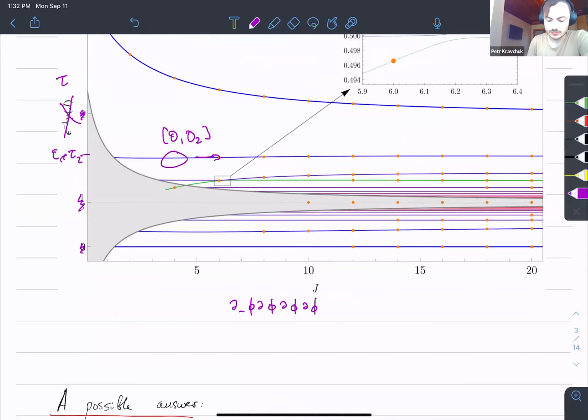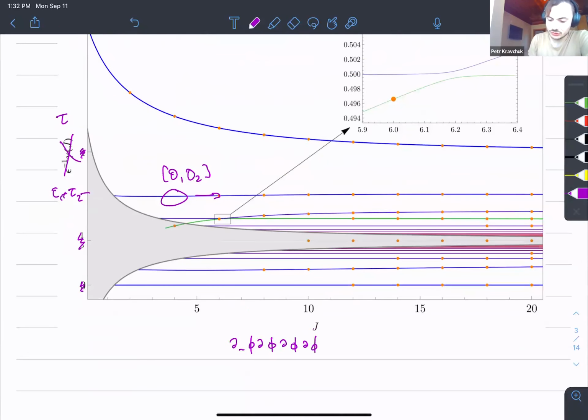So that's the expectation. And then from this picture, because it is already approaching some value, you might guess that tau1 plus tau2 is just the value at which this trajectory sits. In fact, that's not what happens. For this trajectory, it probably happens pretty quickly. But if you go to these trajectories which are lower here, it actually sits at a different value for a while, which is not tau1 plus tau2.